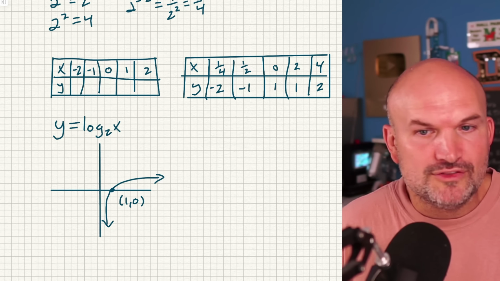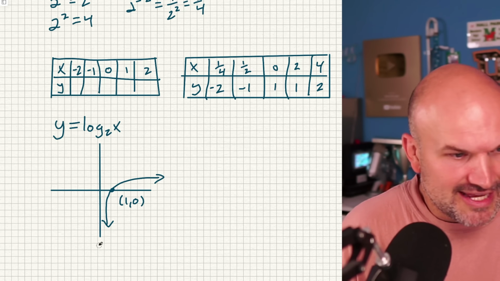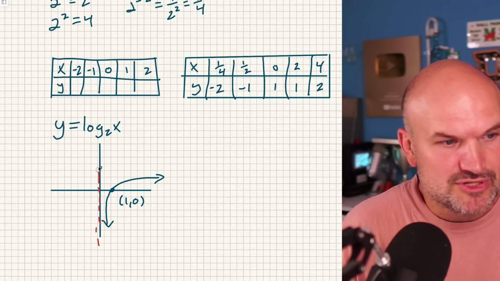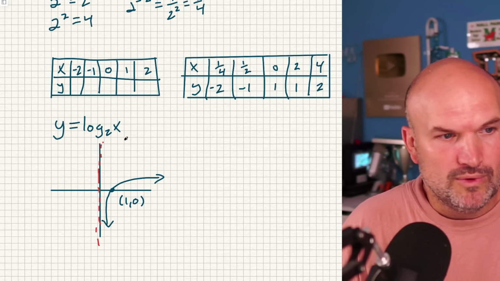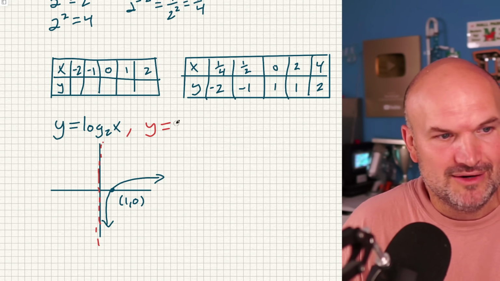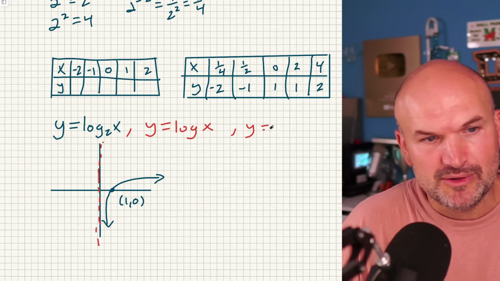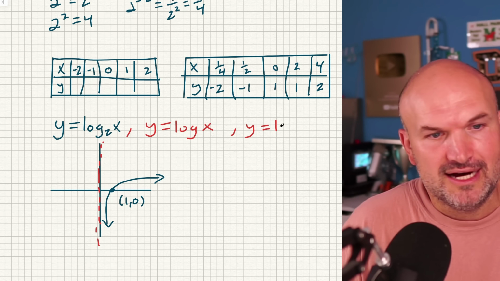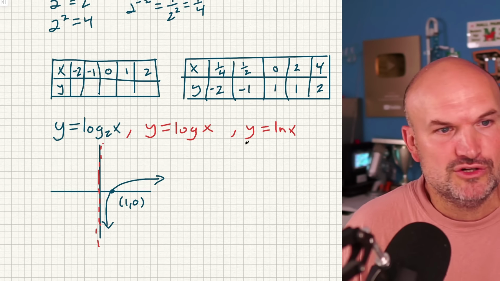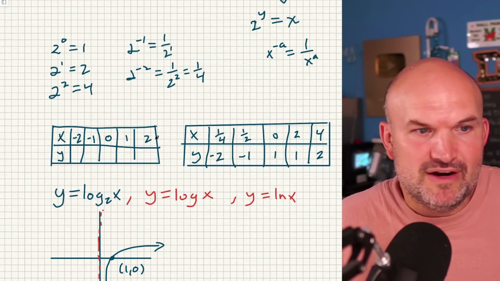What also are all three of these graphs going to have is a vertical asymptote at x equals 0. Now, where did this vertical asymptote come from? Like, why are we now talking about vertical asymptotes? Well, ladies and gentlemen, when you look at the numbers that I chose for my table, why didn't I choose negative numbers?